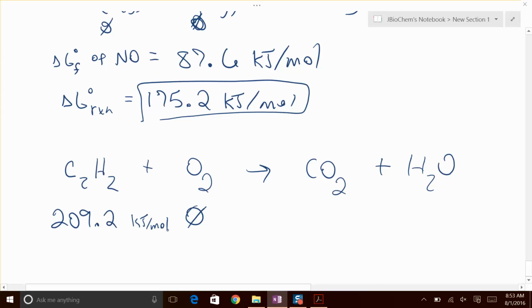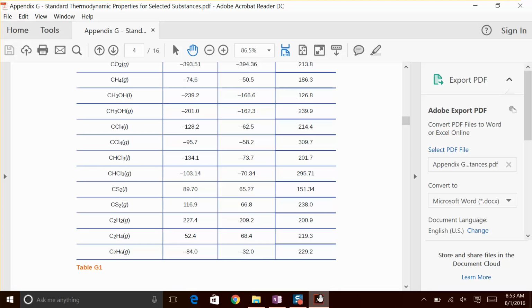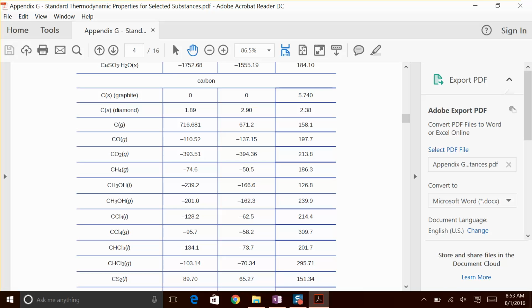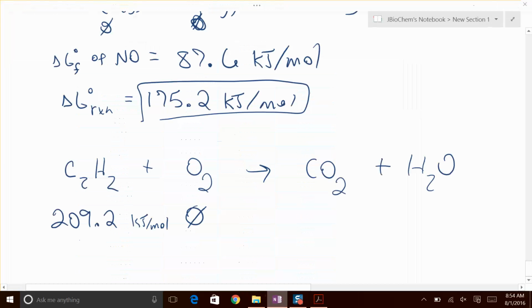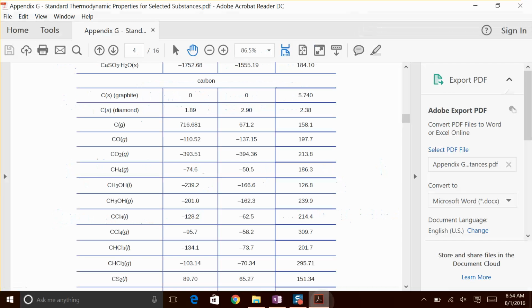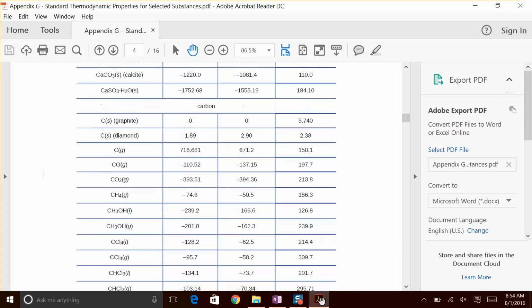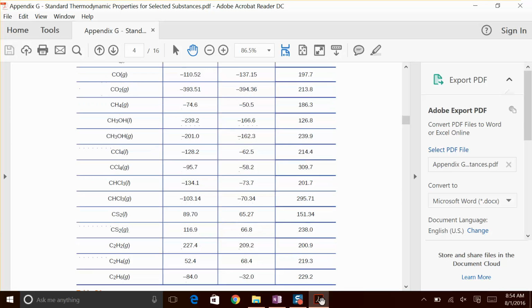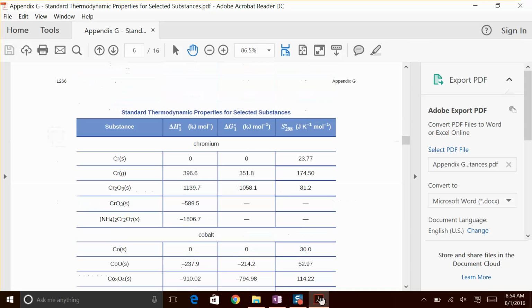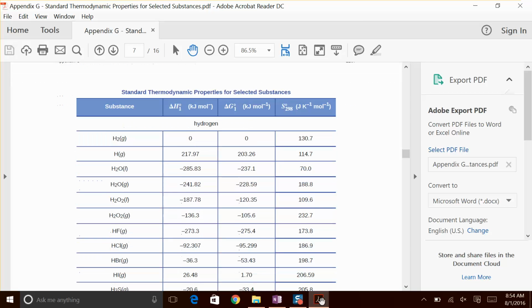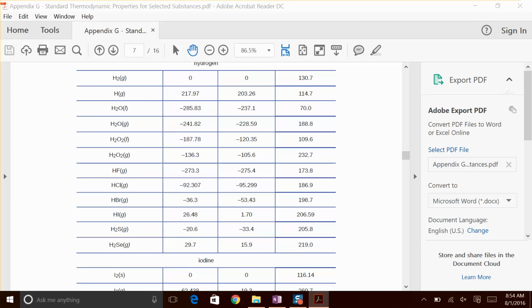Now we've got to find it for carbon dioxide. Carbon dioxide's right up here: negative 394.36 kilojoules per mole. And for water, let's see if we can find it. H2O, let's find the state.